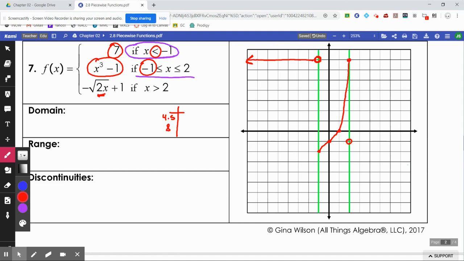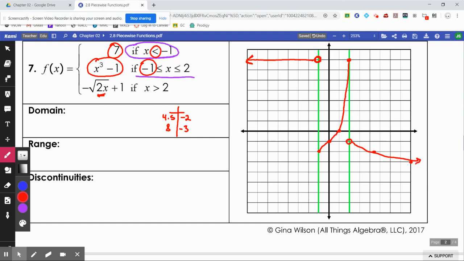And those 2 points would be plenty enough. So let's plug those in and see what we get. When I plugged in 4.5, I got -2. When I plugged in 8, I got -3. So that kind of shows me where my graph's going to go. It'll look something like that.